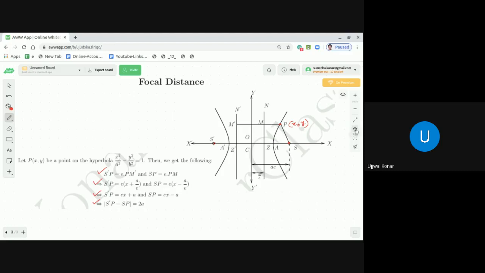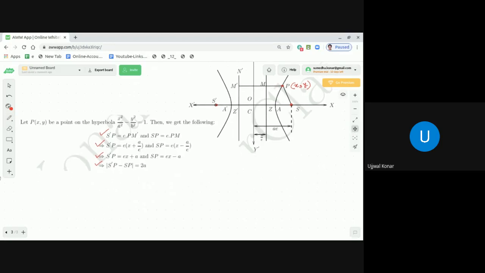As we see this, dear students, we can make a very important conclusion: the absolute difference of the focal distances of any point on the hyperbola is equal to the length of the transverse axis. Dear students, I hope all of you agree with this statement, and I'm just going to write it here as well.